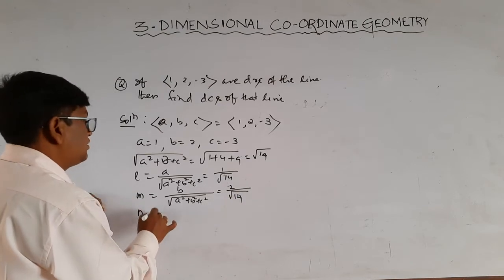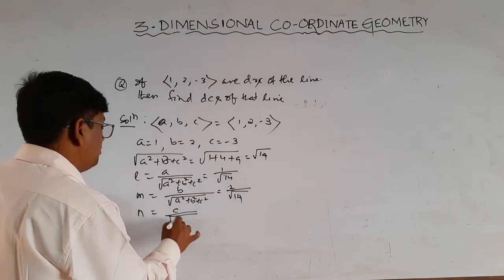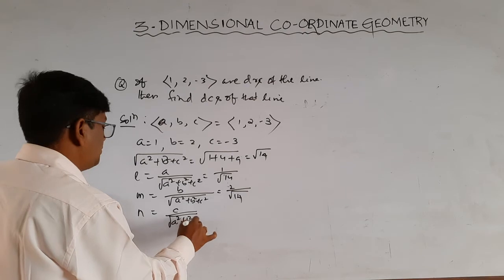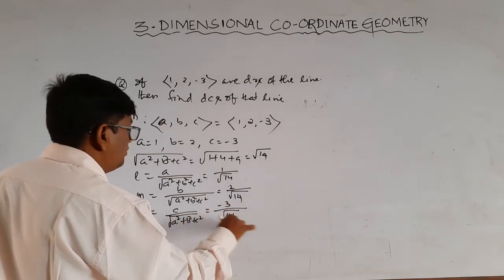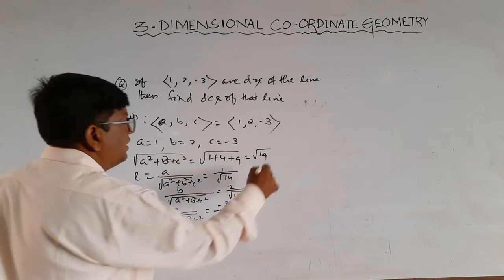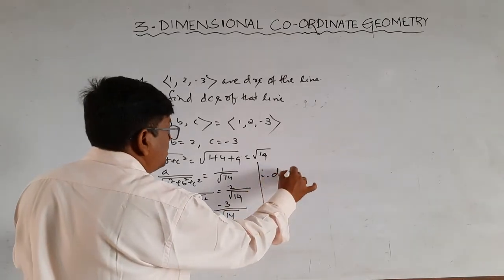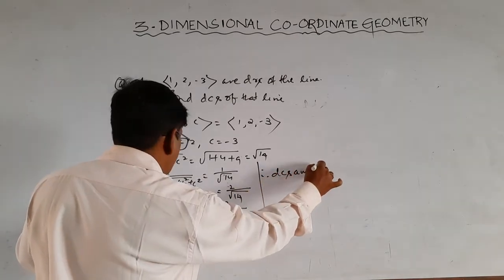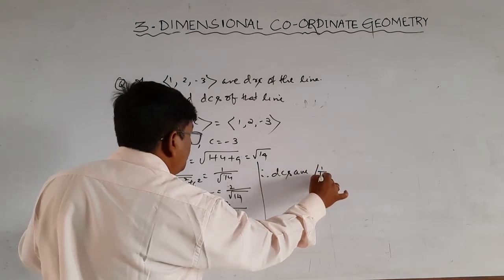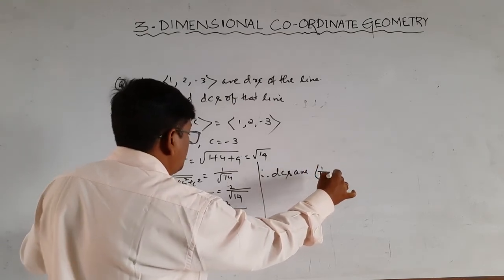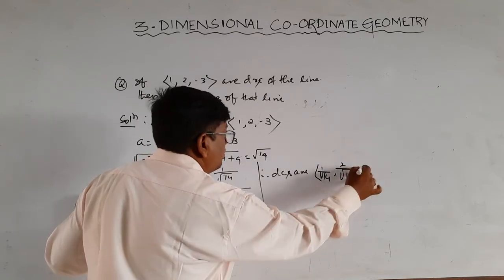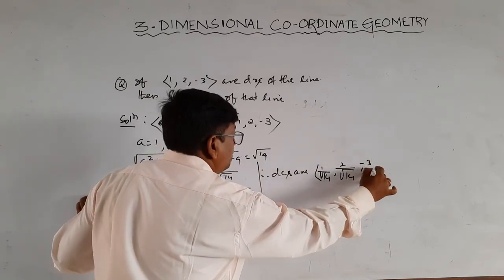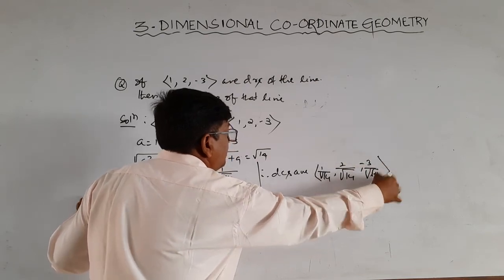And n is equal to c by root over a square plus b square plus c square, so minus 3 by root 14. Therefore the DCs are 1 by root 14, 2 by root 14 and minus 3 by root 14. These are the DCs.